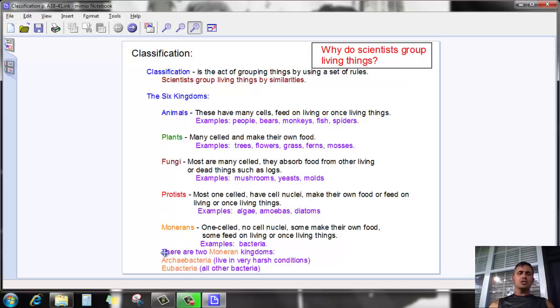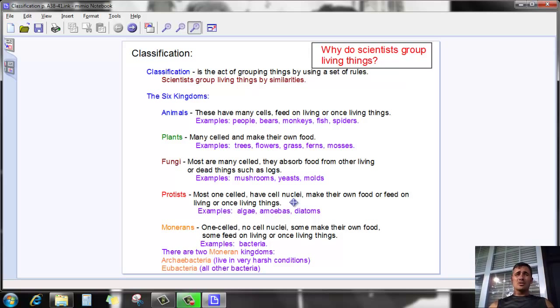Now, what makes these three different would be this. The protists have what we call a cell nucleus, or all protists have cell nuclei. What a nucleus is to a cell is kind of like what a brain is to us. A brain controls everything that's going on within our body, all functions.